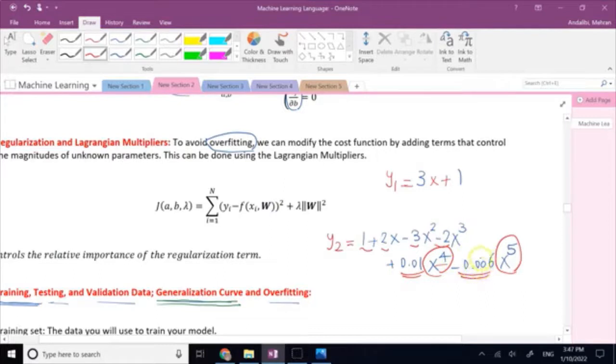But if in practice the range of your x is not really changing big time, then if you can neglect these, it is like bringing down the complexity of the model. So instead of a 5th order, you can practically say, hey, this is like a 3rd order polynomial or so.